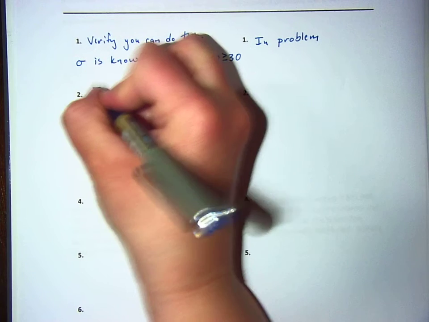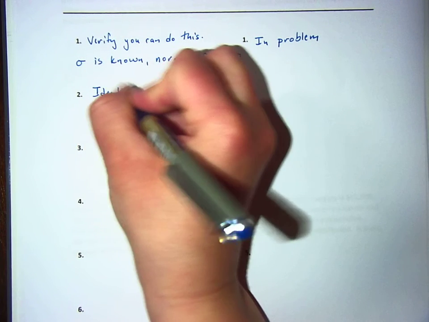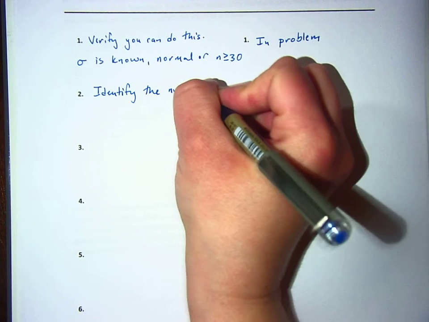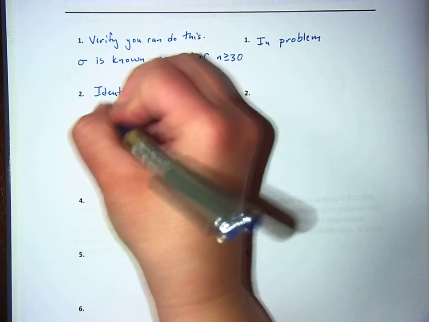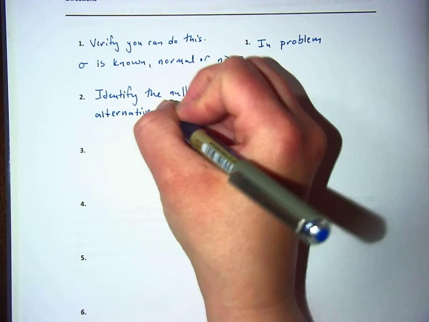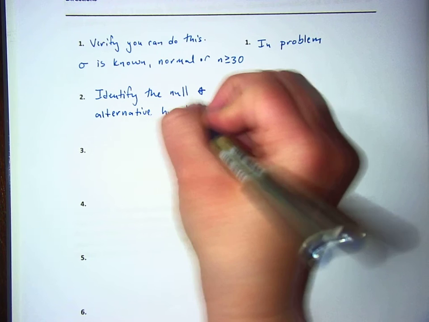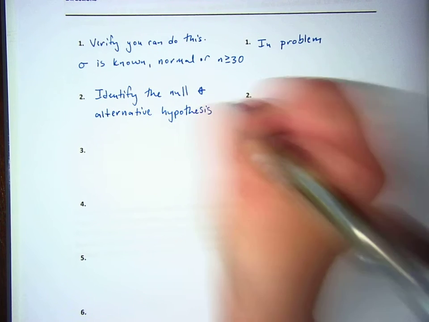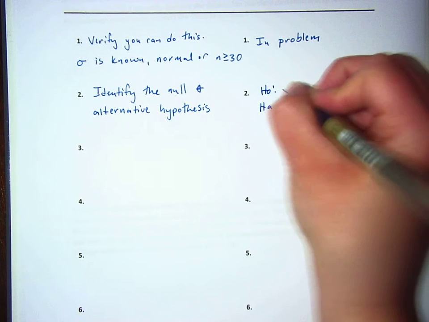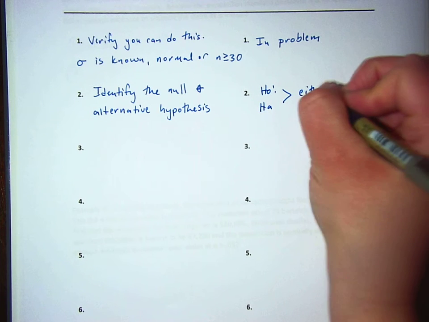Step 2, just like before, is to identify the null and alternative hypothesis. H sub 0, H sub A, and either could be the claim.